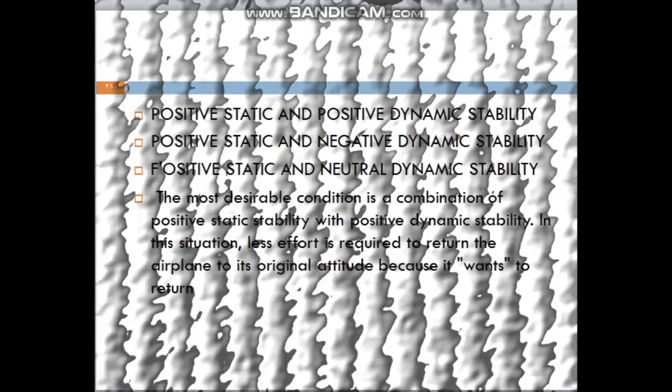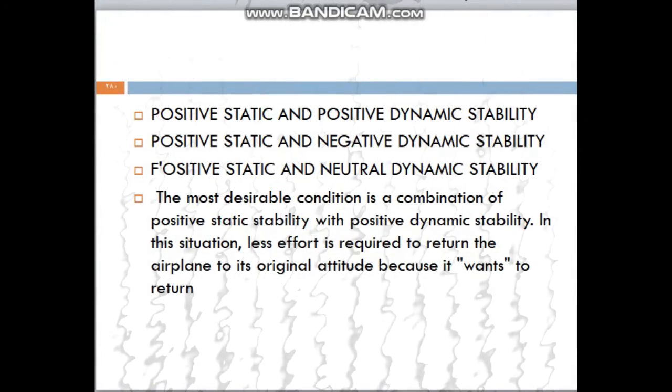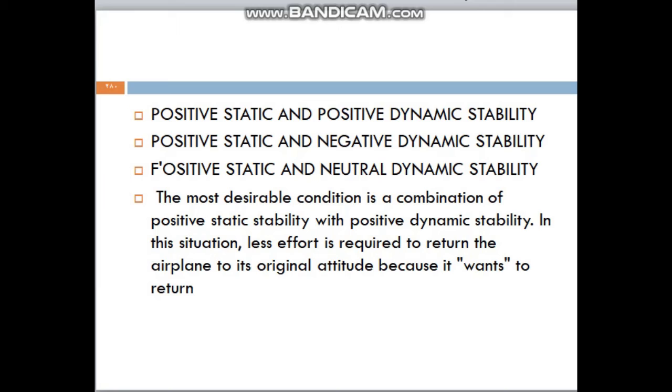We have a combination of the static and dynamic stability. The first one, positive static and positive dynamic stability. The second one, positive static and negative dynamic stability. The last one, positive static and neutral dynamic stability.